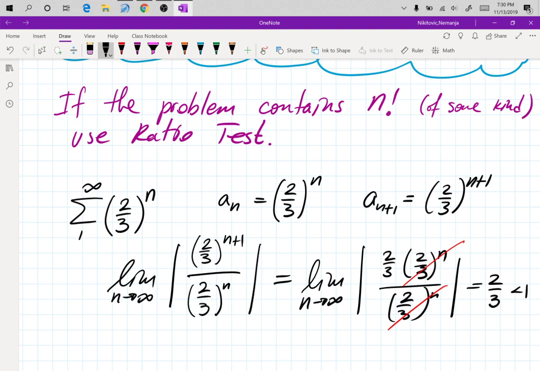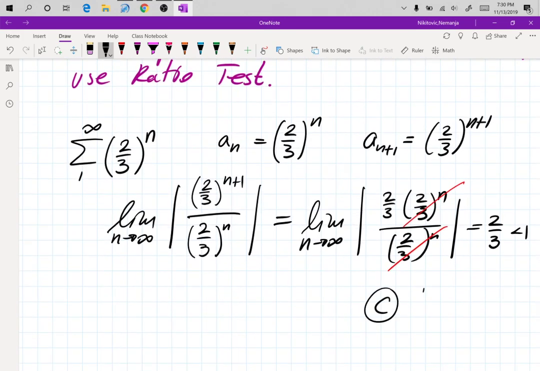That's less than 1, converges by ratio test. And obviously it has to converge because we already know that it converges by the geometric series test. You can't have two different tests give you two different answers, one giving convergence and the other divergence. That would be absolutely absurd. So we knew that. Awesome.